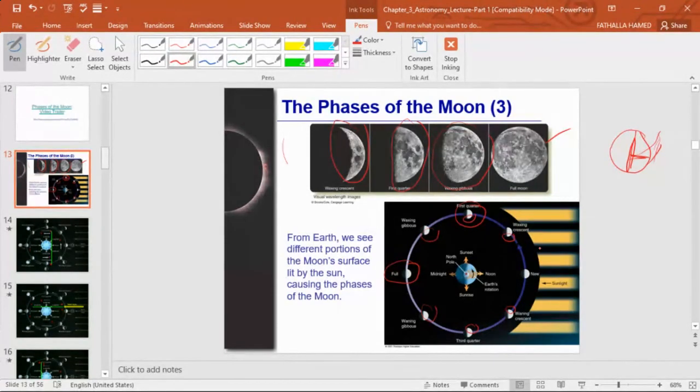Now this is the cycle that takes 29.53 days, which is new moon to new moon, or you can also look at it full moon to full moon. And that's why the lunar month is 29 days or 30 days because of the 0.53.